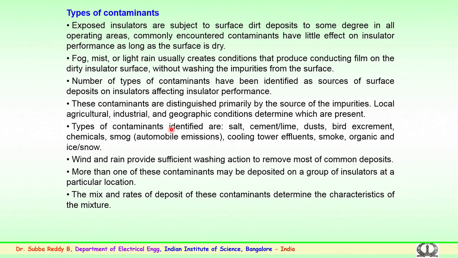These contaminants are generally distinguished primarily by the source of impurities: local, agricultural, industrial and geographical conditions determine their presence. The types of contaminants generally identified are salt, cement or lime, dust, bird excrement, chemicals, smog, which is emissions from automobiles, cooling tower effluents, smoke, organic matter, and ice and snow.